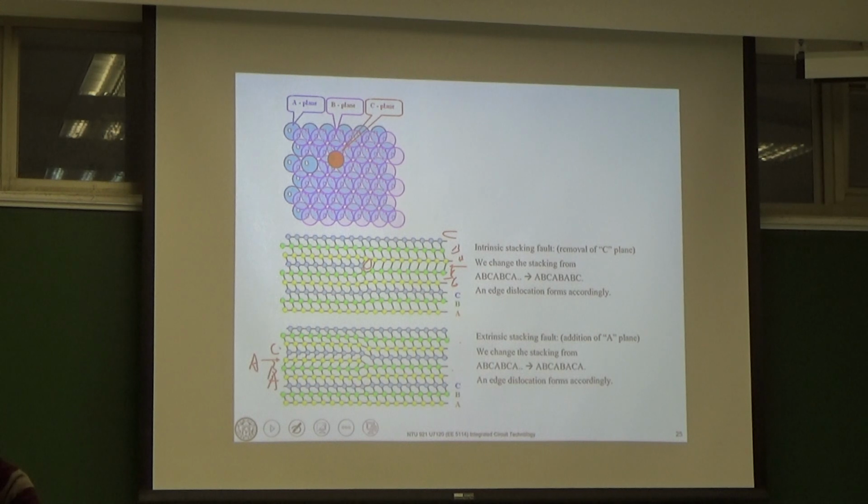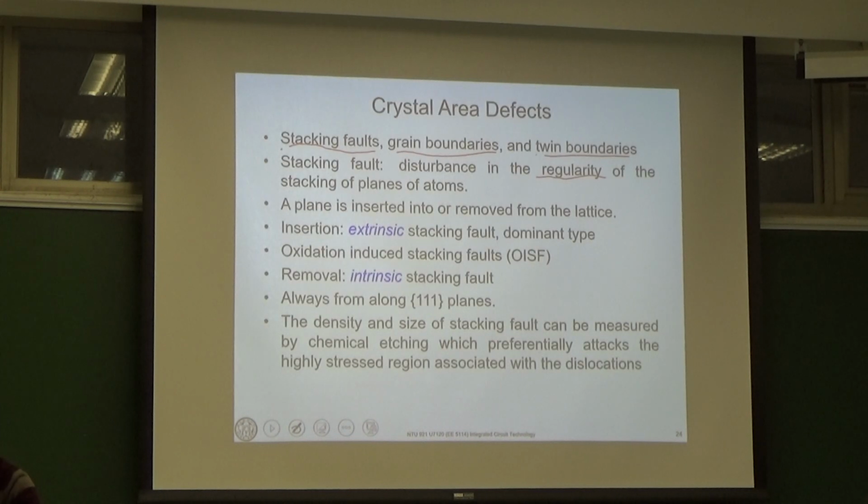Okay, so this is also a stacking fault, and we call it an extrinsic stacking fault, where you add another plane into your original arrangement. And again, you will form an edge dislocation at the edge of this plane. Okay, so that's the stacking fault.